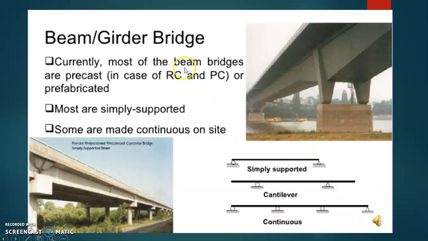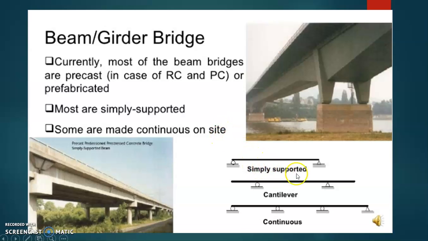Currently most beam bridges are precast, because it does not take so much time if you use precast or prefabricated items, in the case of RC and PC. Most of them are simply supported, and some are made continuous on site, based on condition.